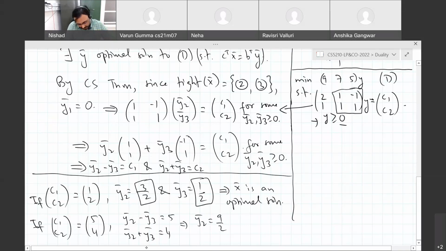Now if you look at the second equation, 9 over 2 plus something is equal to 4, so that something has to be minus half. But remember, we want y2 bar and y3 bar to be non-negative. And so this implies that x bar is not an optimal solution.